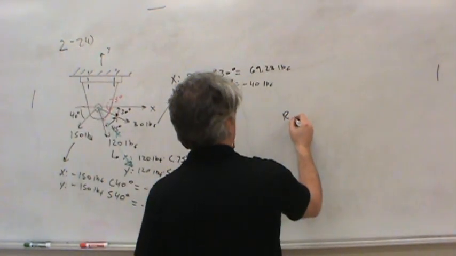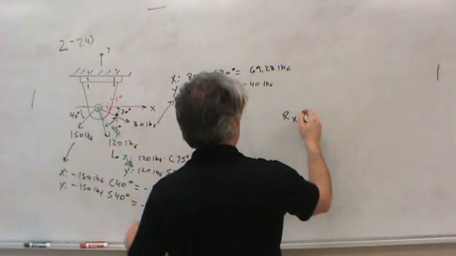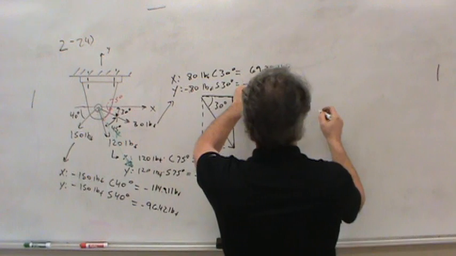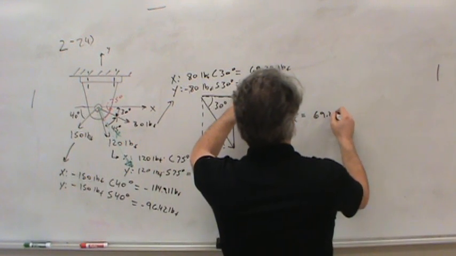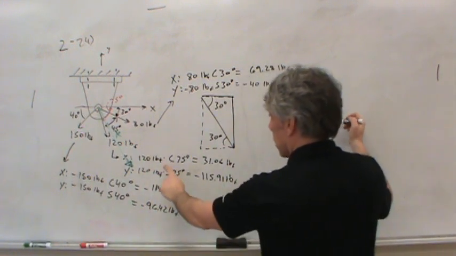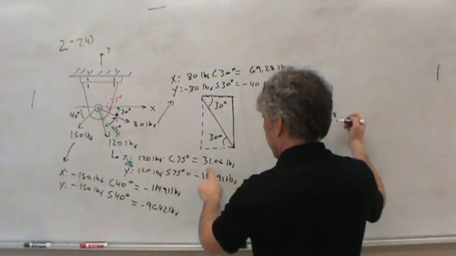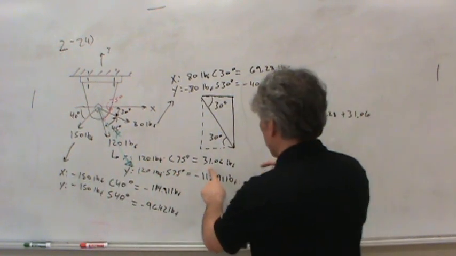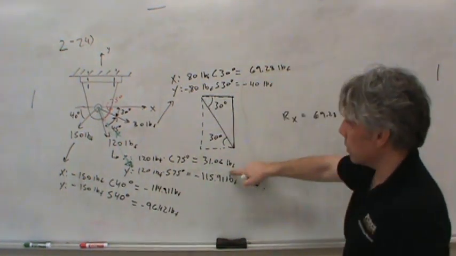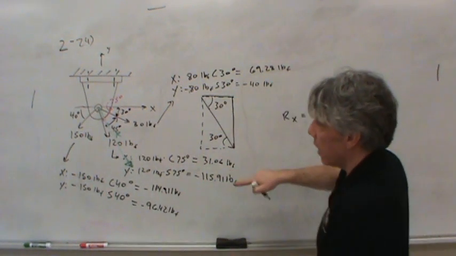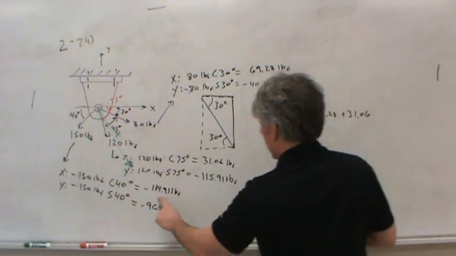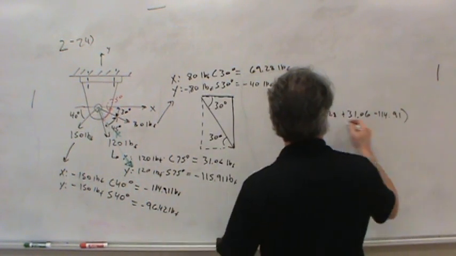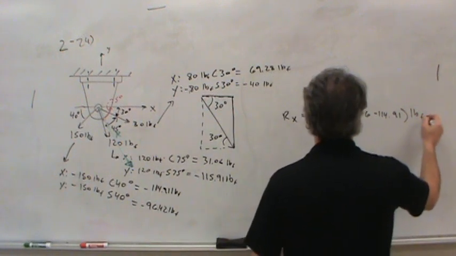So this resultant in the horizontal direction would be, well, the horizontal component here is 69.28. The horizontal component from the 120 pound force right here is 31.06. And notice that one did come out smaller, just as we suspected it would. And then the 150 pound force gives us minus 114.91. And these, of course, are all pounds force.